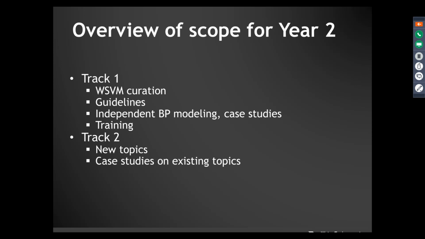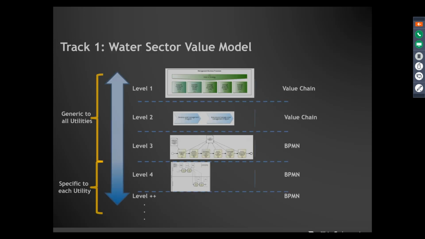I'm going to just provide a quick overview of the scope that we're planning for year 2. We plan to continue the work on the concurrent tracks 1 and 2, and I will present an overview of the scope for each of the tracks.